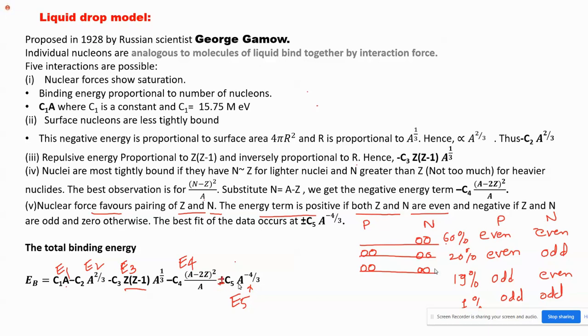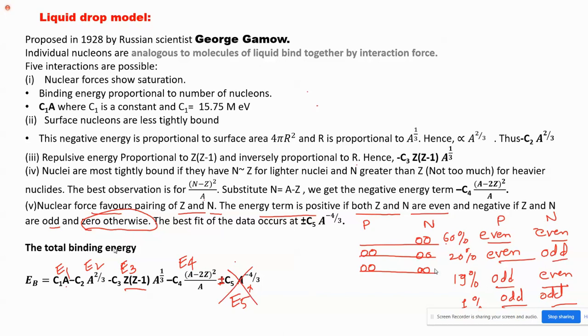We have to take the positive term if your element has even-even combination, minus term if Z and N are odd, and 0 otherwise. If the elements have even-odd or odd-even combination, then this term will become 0.